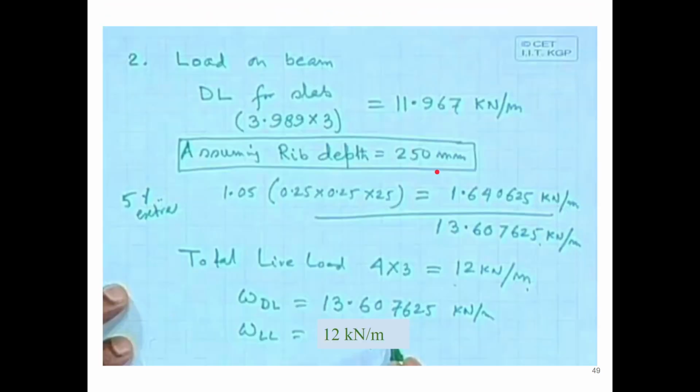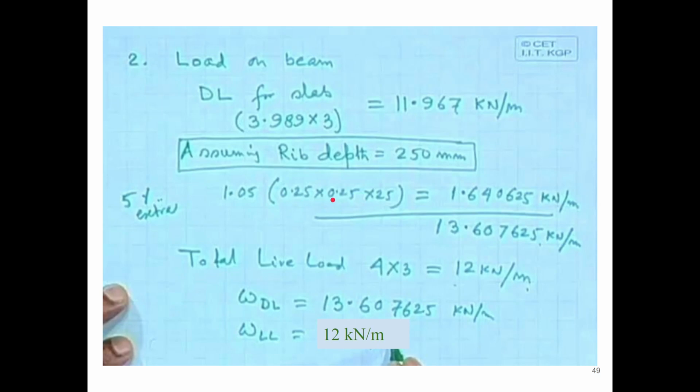If you see here, this is the beam dead load. So beam will be how much? It will be 25 into 0.25 into 0.25, because the width of web and the depth of web are both 250 mm.